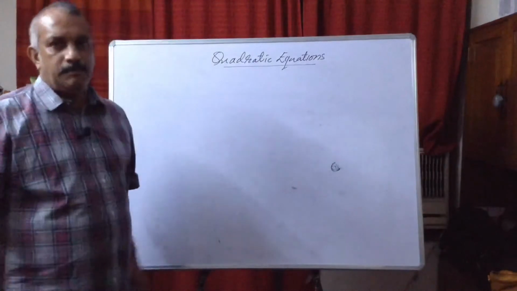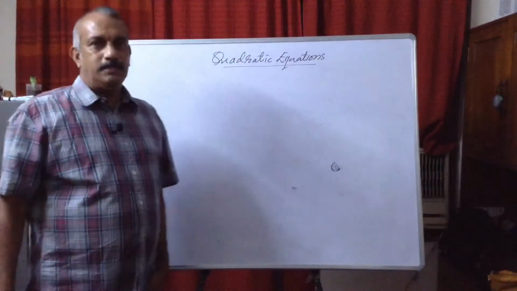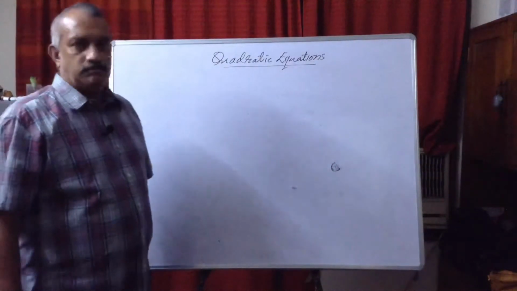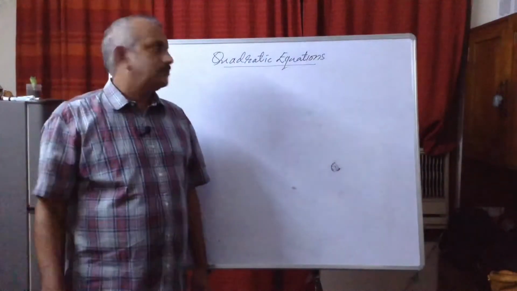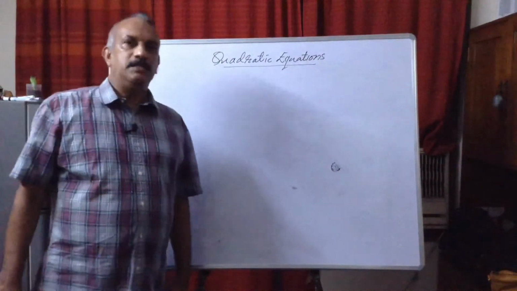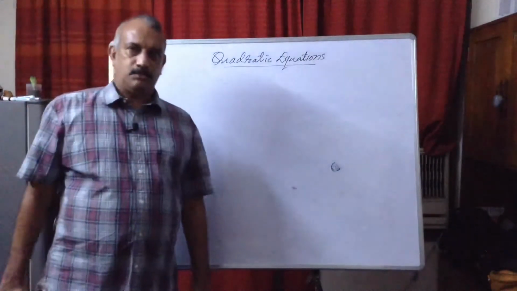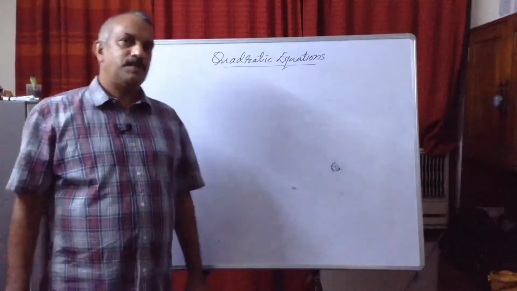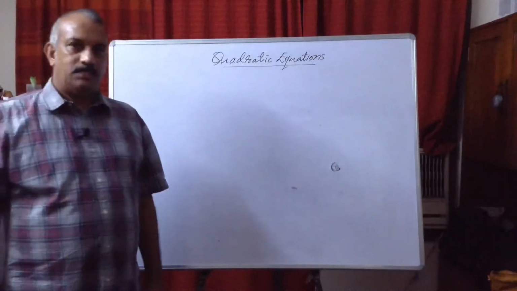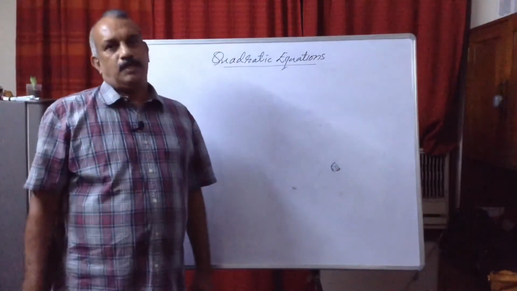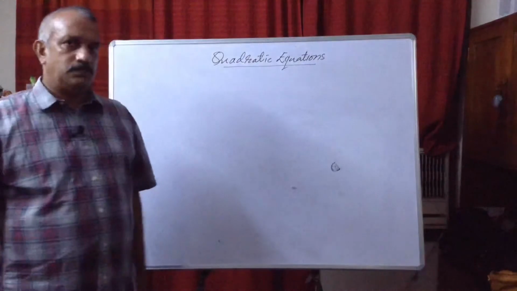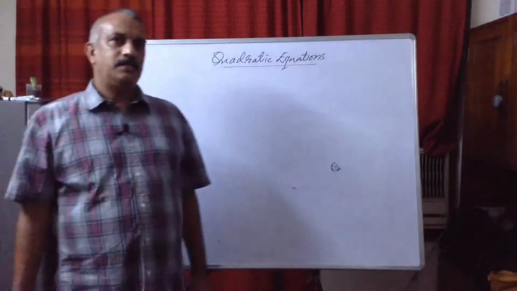Last class I gave an introduction to quadratic equations. First of all, quadratic equations are equations with degree 2. A quadratic equation can be solved by three different methods. One is by factorization, the second is by completing the squares, which is not in the course, and the third is by using the quadratic formula.